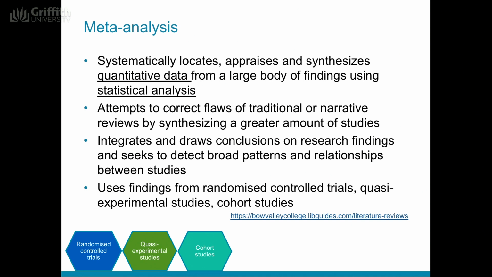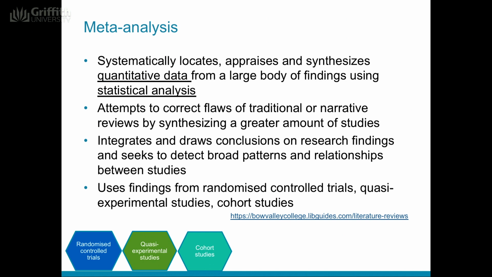So how this works is, if you've got, say, 5 studies and they all had a similar population and used a similar implementation, then you can pool that data. If you've got 5 studies and they had different populations, for example, some were paediatrics, some were adults, some were in an aged care facility, some were in a hospital, it might not be possible to pool that data. But if it's the same sort of population and you do the same sort of intervention, then you might be able to pool the data.